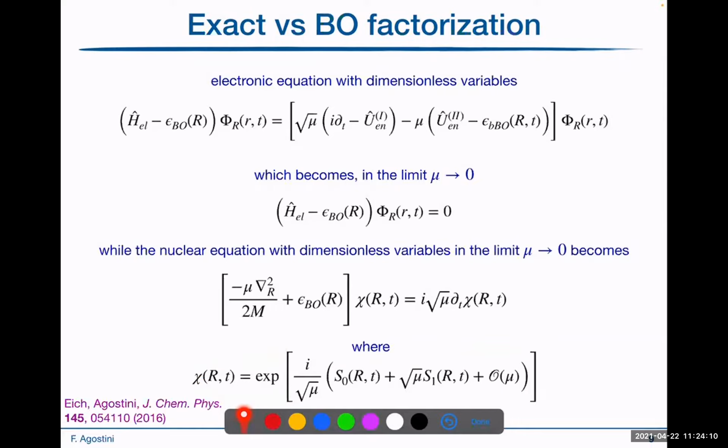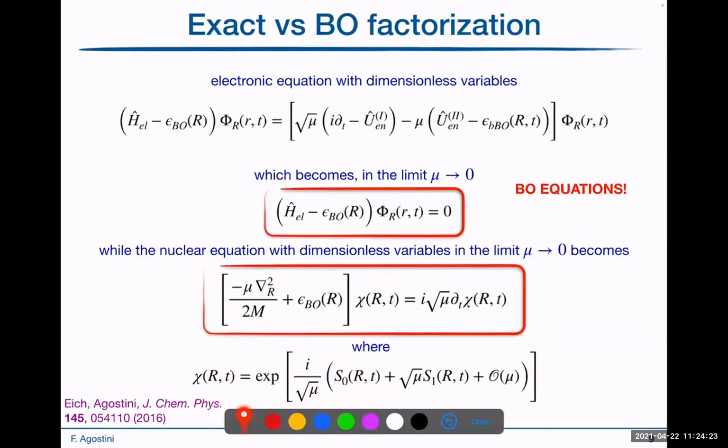And then if one inserts this expression here into the time-dependent nuclear Schrödinger equation, and we then do the classical limit, we end up with this nuclear equation here. And if you look at them, now they're basically the Born-Oppenheimer equations.